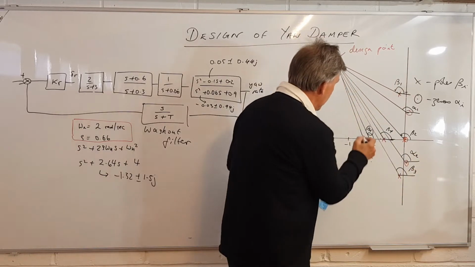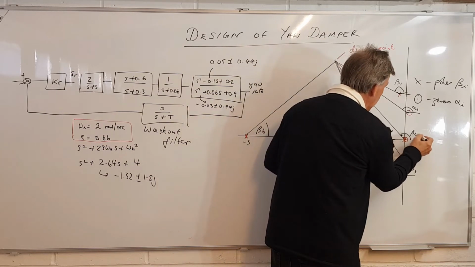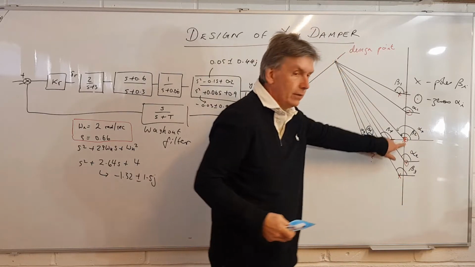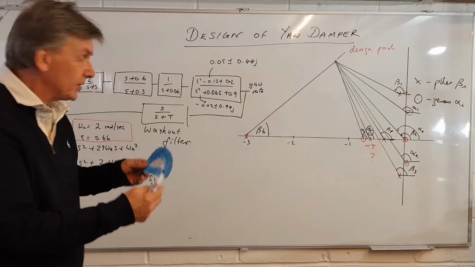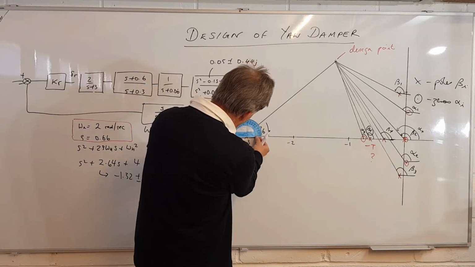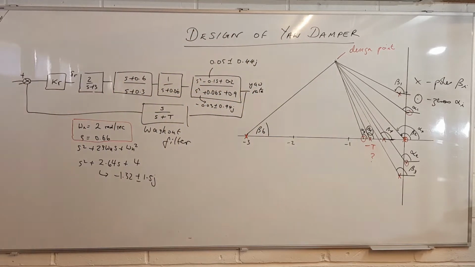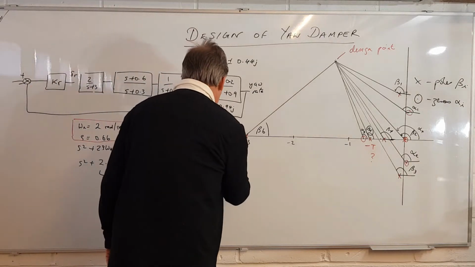Got another 0 here, alpha 3, and we've got another 0 here, which is alpha 4. Remember, there's a pole and a 0 at the origin there. So we can measure all these angles. Got a bit of a protractor on there. This one's probably about 40 degrees. So measure all angles. So then we're going to stick this now into the angle criteria.